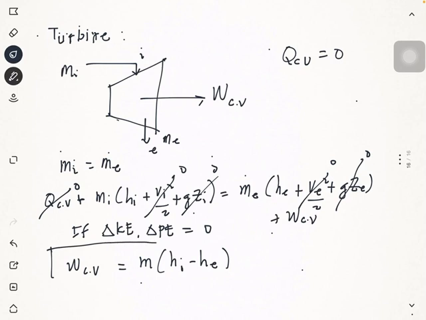So our general equation becomes this one, considering a turbine and this steady state, steady flow process.